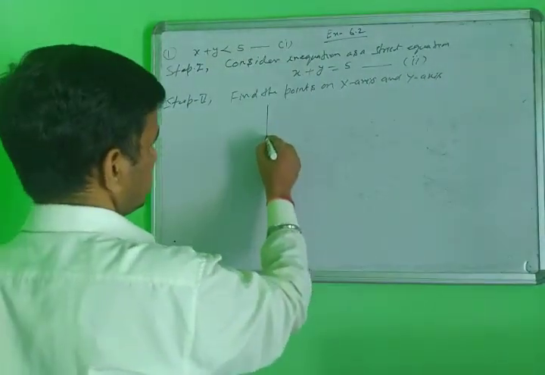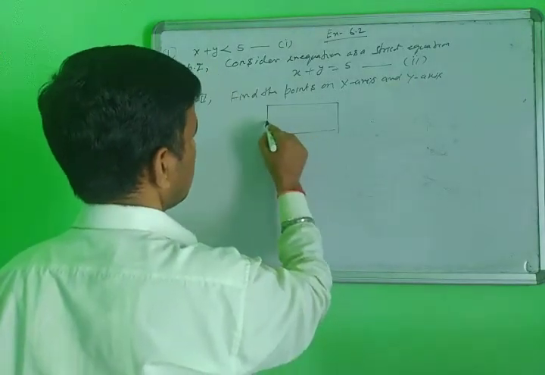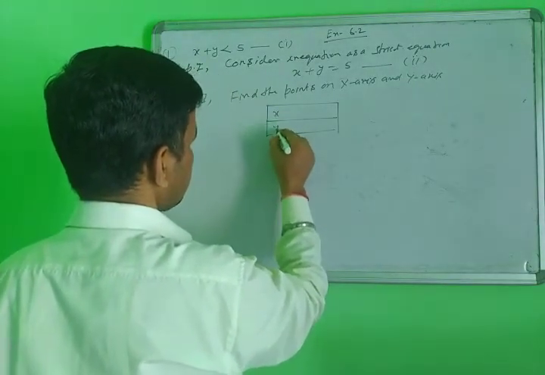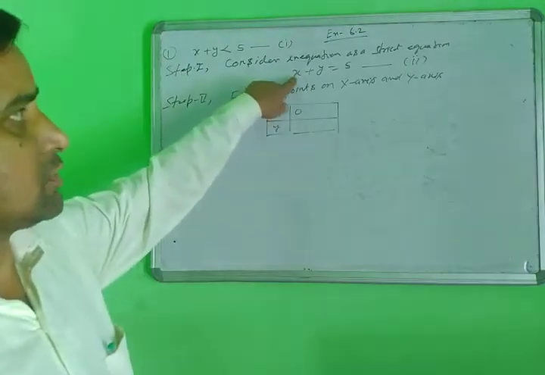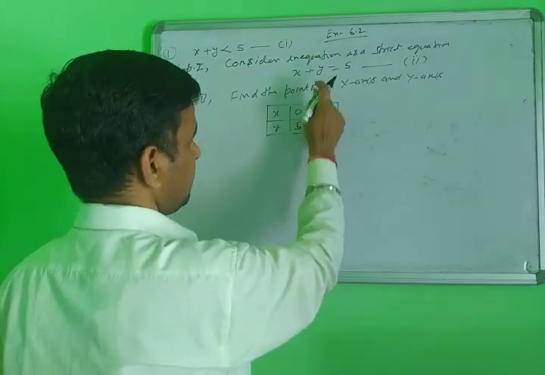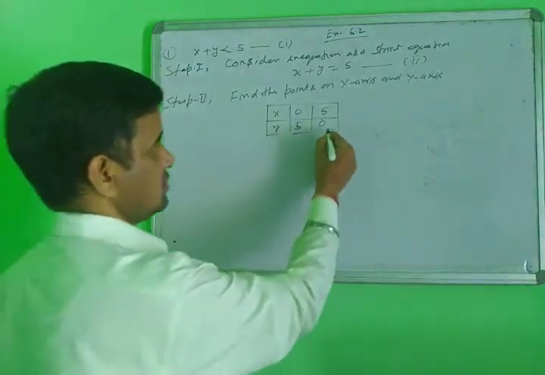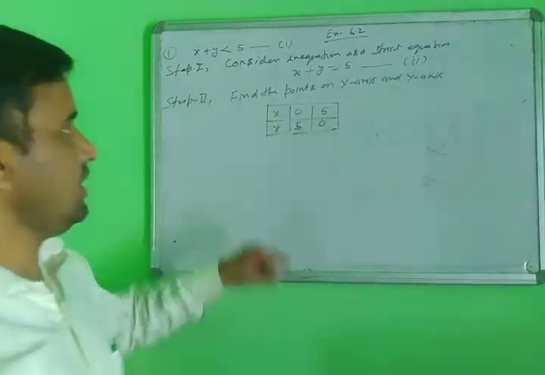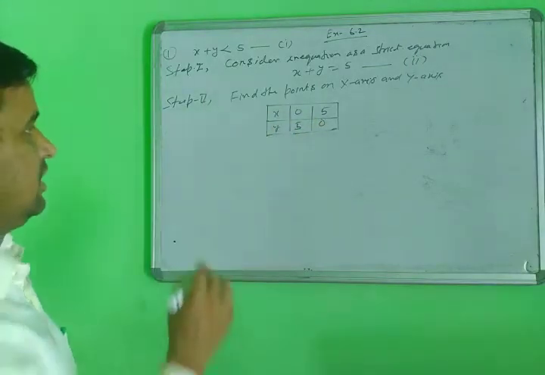It means you will draw a table of x and y. When putting x equal to 0, the value of y is 5. When putting y equal to 0, the value of x is 5. So these are your points on the x-axis and on the y-axis.